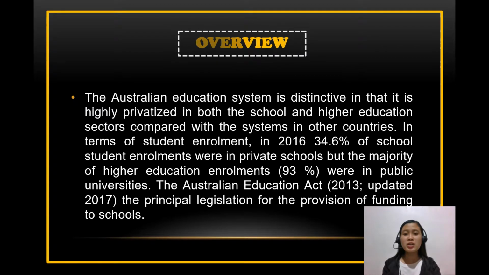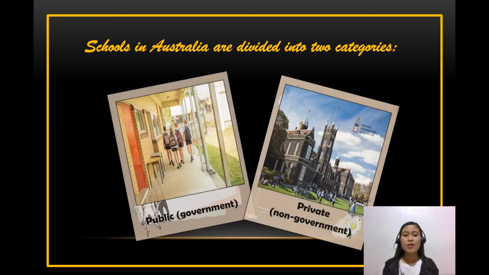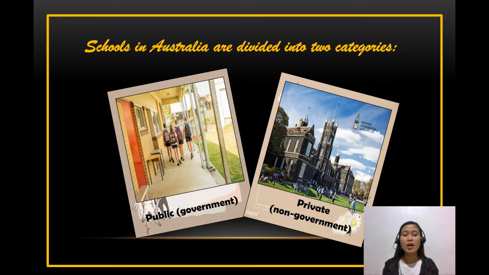The Australian Education Act, year 2013 revised in year 2017, is the primary legislation governing school funding. Schools in Australia are divided into two categories. First, public or government schools. Second, private or non-government schools.